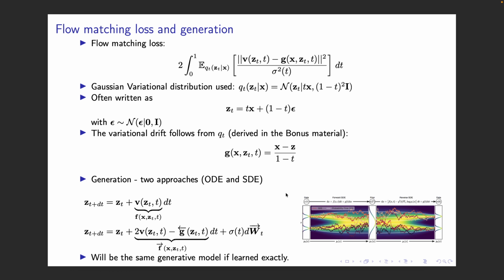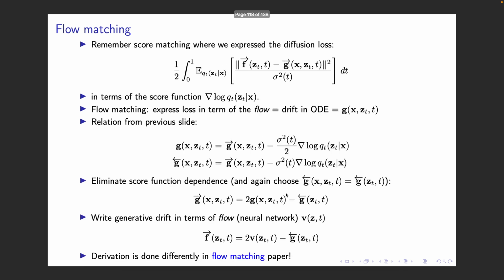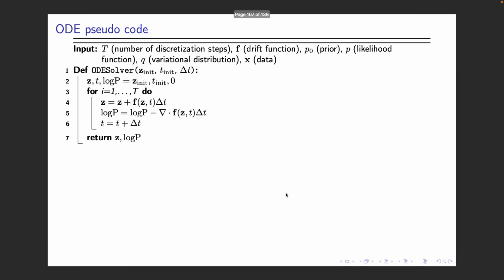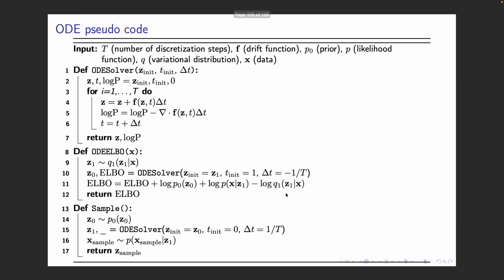Yes? In the ODE algorithms, there was a placeholder. I didn't quite catch what that was. Yes. Okay, that's because I tried to be clever. I reuse the same solver to both get my log likelihood lower bound, and in that case I need to run it backward from the data towards the prior.